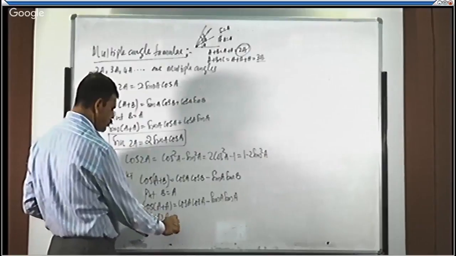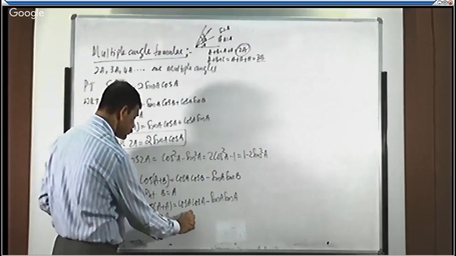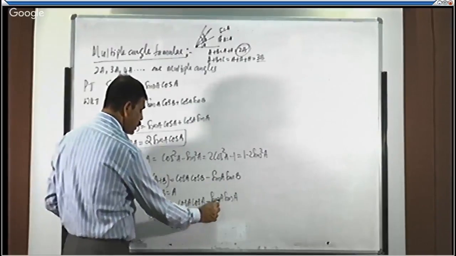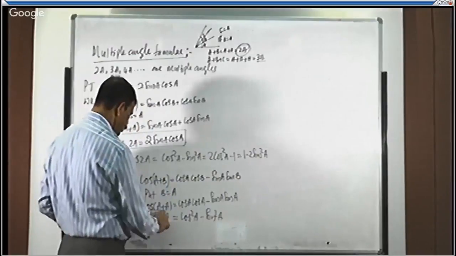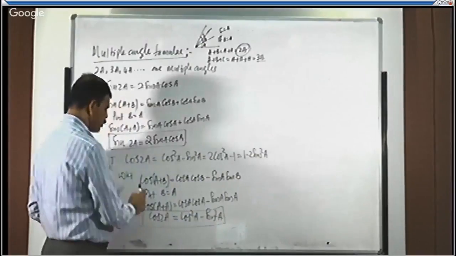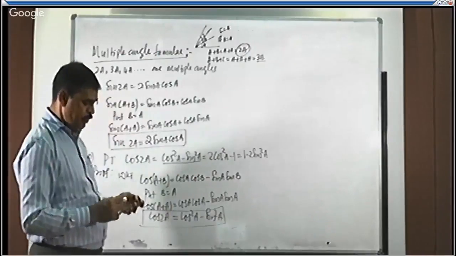Cos 2A is equal to cos A into cos A, it is cos square A, minus sin A into sin A, it is sin square A. See, we got the first proof. Cos 2A is equal to cos square A minus sin square A.